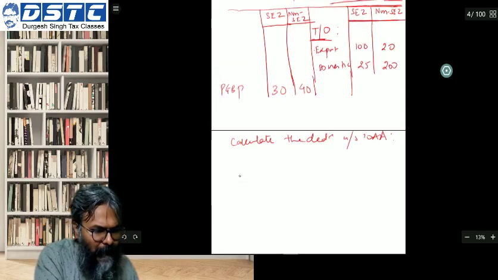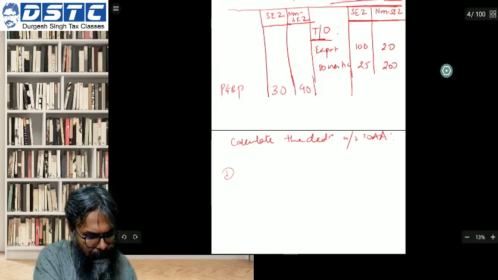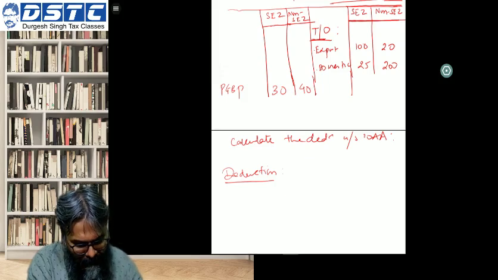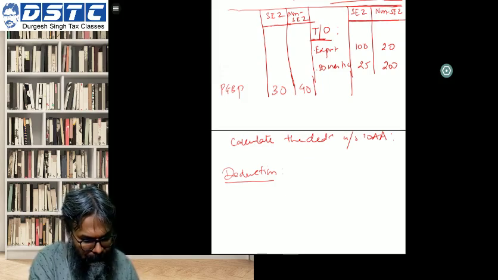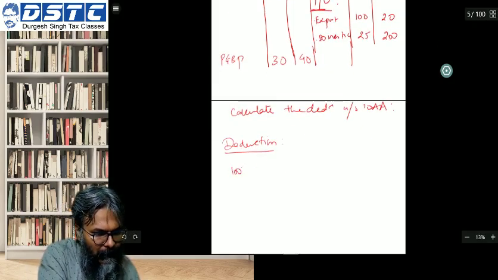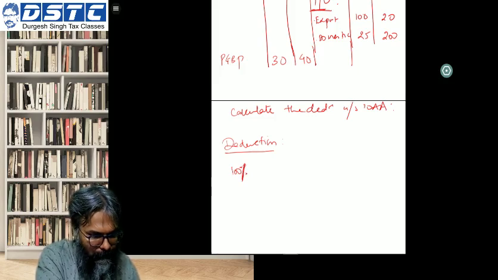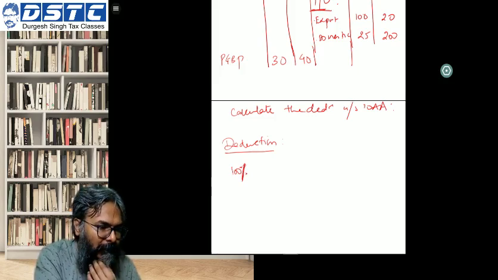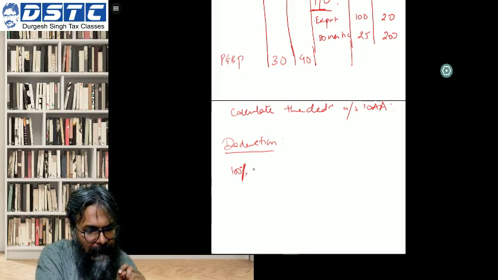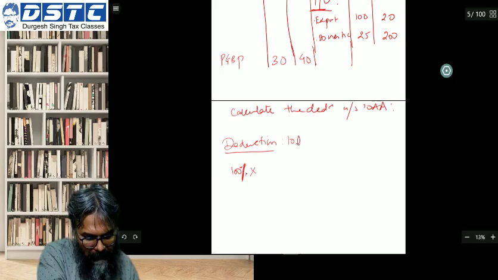Let's see. So students, herein the deduction would be 100%, because it is the third year of deduction under 10AA.